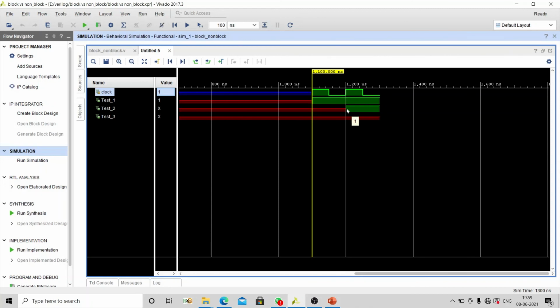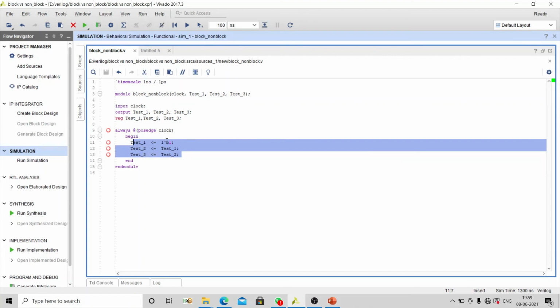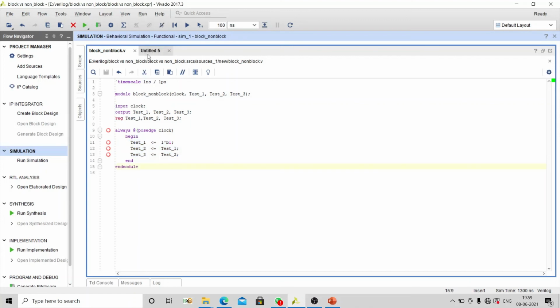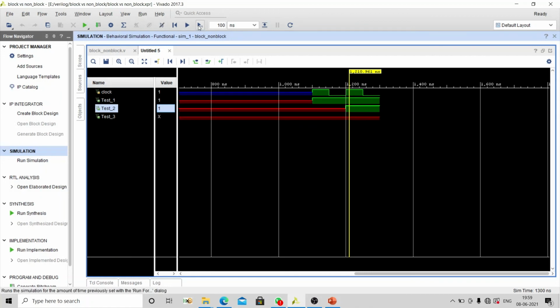As test2 equals test1, whenever we run again, these three are going to execute parallelly. So at this time test3 is again in unknown condition, whereas test2 is set to high. Now let me run one more time.